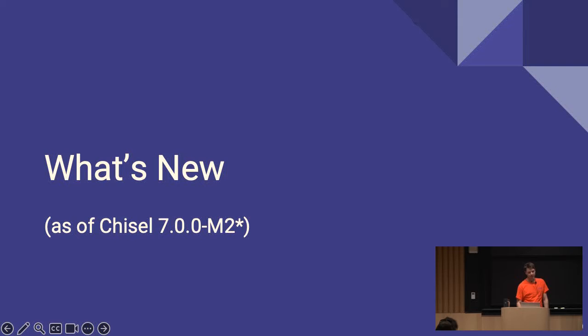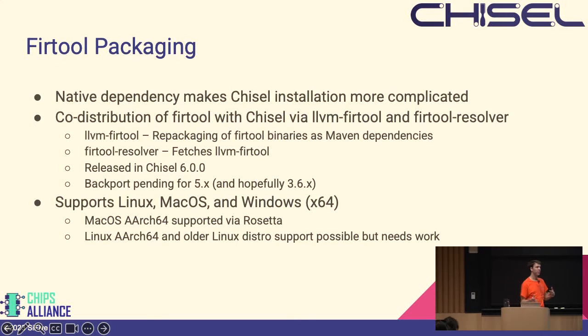So what's new as of 7.0.0 milestone 2, which that artifact does not exist. There's 1 or 2 things I'm trying to get merged before I tag that one. But this is basically the head of main, if you will. So for anyone who tried out Chisel with FIRRTL maybe a year ago, one of the biggest annoyances is it used to be really easy to install because it all works in the same sandbox, if you will. It's all Scala.